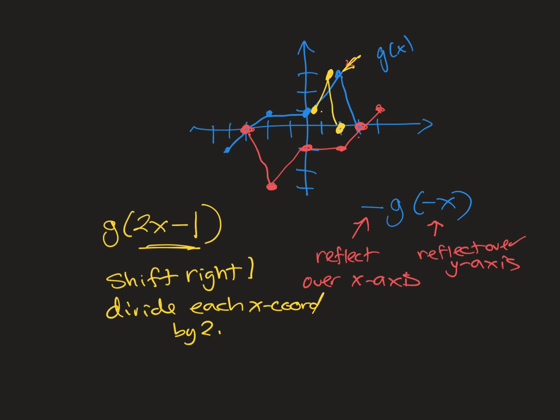So far we're looking like this. Shifting this point here, right 1 would be -1, and then half of that would be -1/2. Then we've got -2 would go to -1, and then the last one, -3, would go to -1.5. There we go. So it is definitely smushed. So shift right 1, and then half. Okay, so those are a little bit on some transformations.